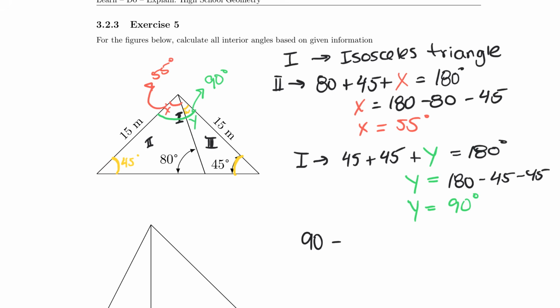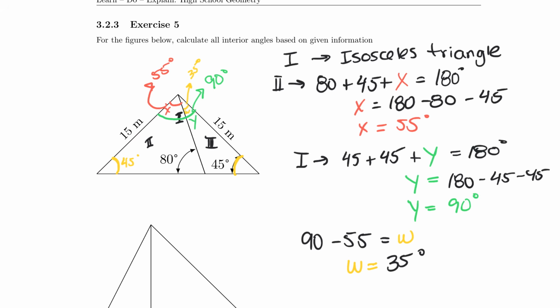So 90 degrees minus 55 should be W, right? So W is equal to 35 degrees. So this small angle is equal to 35 degrees because 55 plus 35 is equal to 90 degrees, which is the big one.